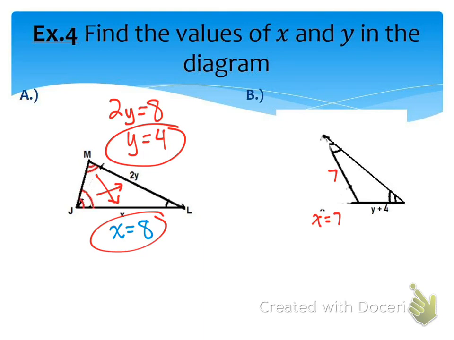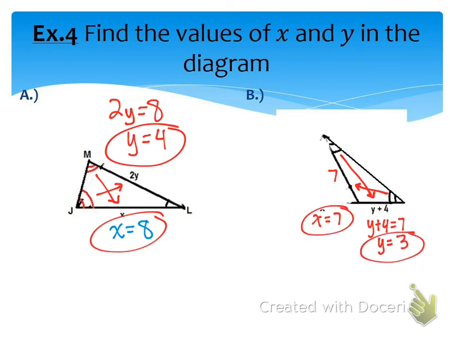It's an isosceles triangle, which means that the sides opposite them, regardless of what they look like, are congruent to each other. So what equation can we set up? Y plus 4 equals 7, which means y equals 3.